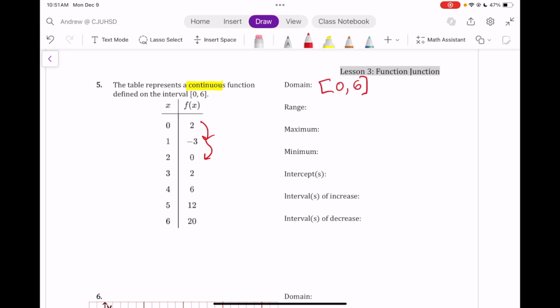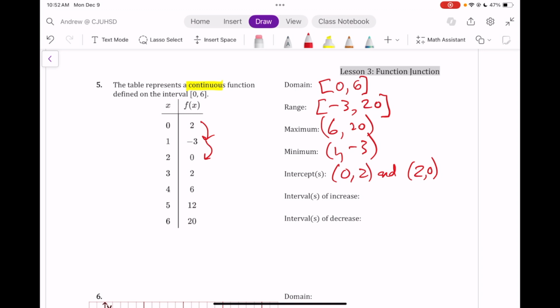And the range went from what we see, it went from -3 up to 20. And that would make 20 the maximum and -3 the minimum. The intercepts are at (0, 2) and (2, 0).